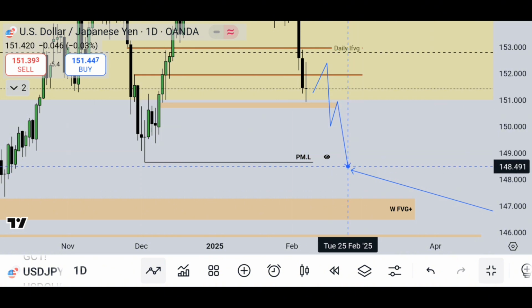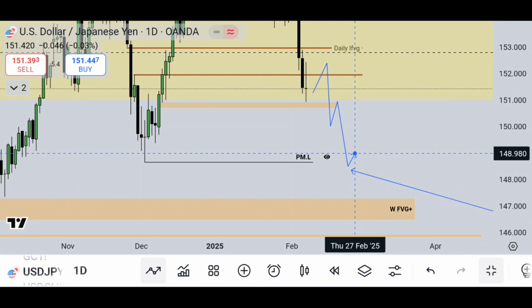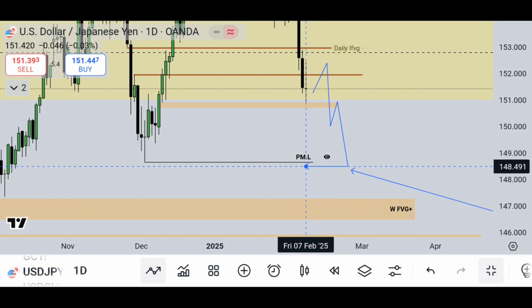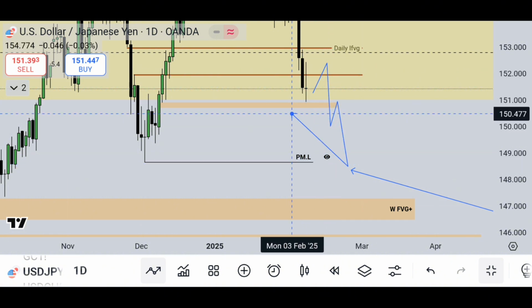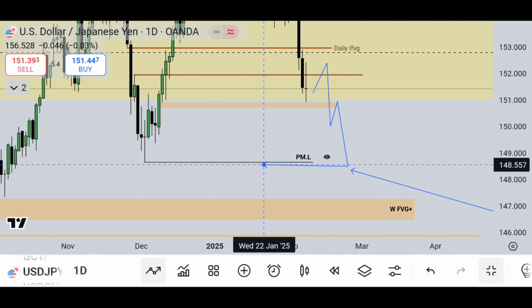The sell side, as I said guys, it depends on your satisfaction. You may say, oh, since I've entered from there, I'll take my profits at around this low. The low is 148.645, guys.